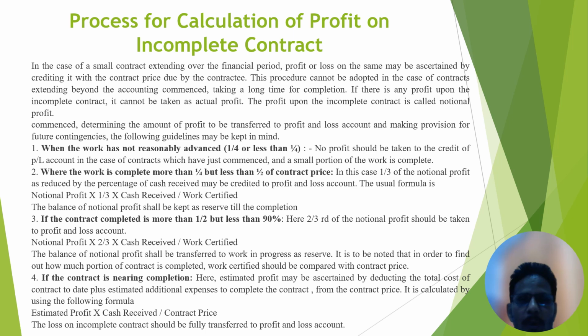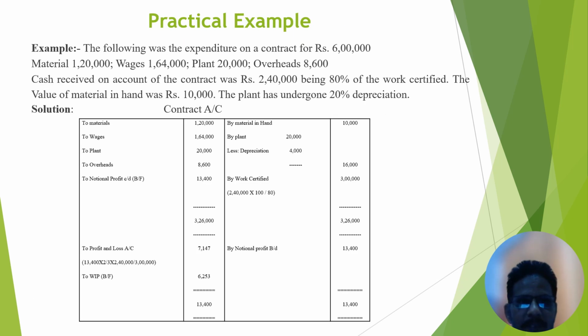Now from all this information, here we take one small example. Listen carefully. The following was the expenditure on a contract for rupees 6 lakh. This 6 lakh is our contract price.